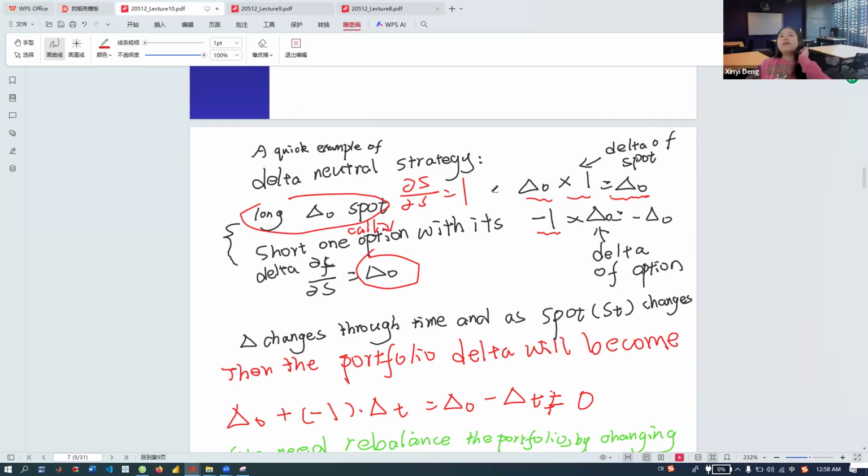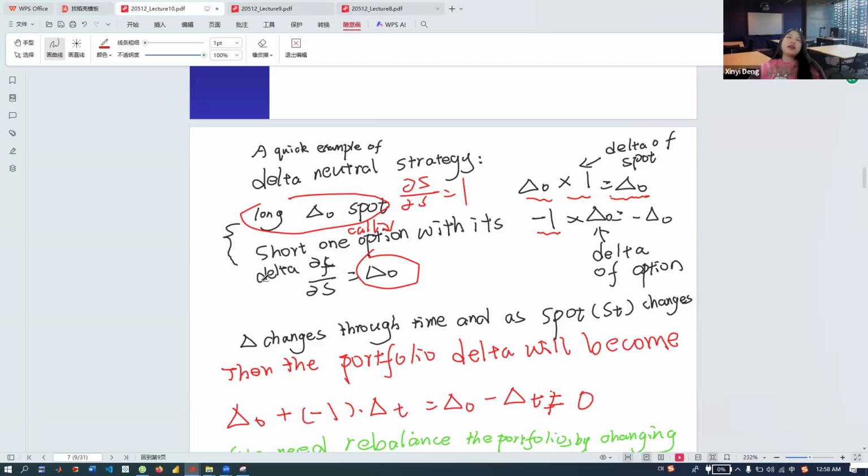But the problem is that delta actually changes through time, as the spot ST changes. So this 0 we just obtained may actually not hold in the future, it's highly likely that it's not going to hold. So delta may not equal 0 anymore in the future when ST changes.